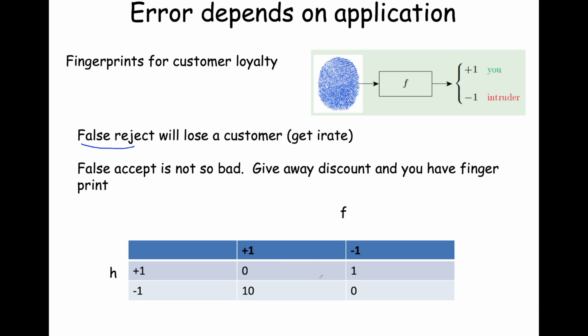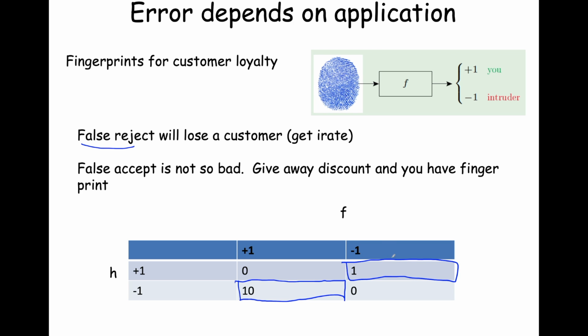And so in that case, when we look at how much error we associate with a false reject, we make it hurt more. It's more units of error for a false reject than a false accept. Here we see the false accept entry, the upper right-hand corner entry of the confusion matrix. It's only a 1. So not all error is the same.